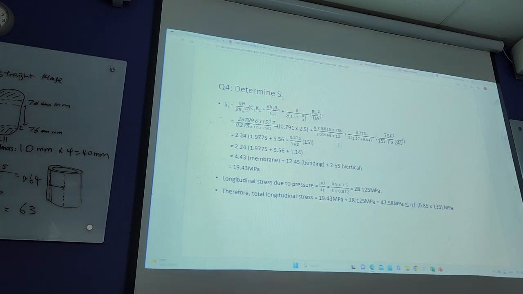Alright, final thing is we want to find out S1, S2. So S2 will be the same. Apply the formula, find out C3, C4, K3, K4 from this Appendix 5.